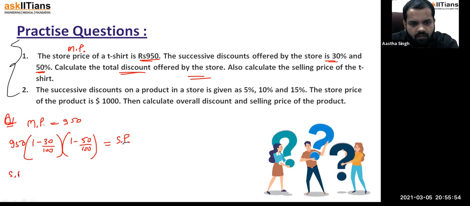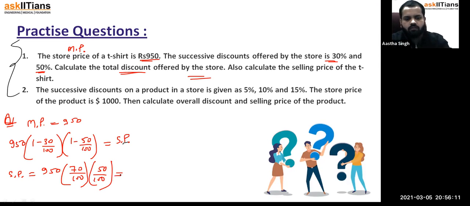So selling price will be 950 multiplied by 1 minus 30 upon 100, which will be what? 70 upon 100. 1 minus 50 upon 100 will be what? 50 upon 100. 7 5s are 35, guys.